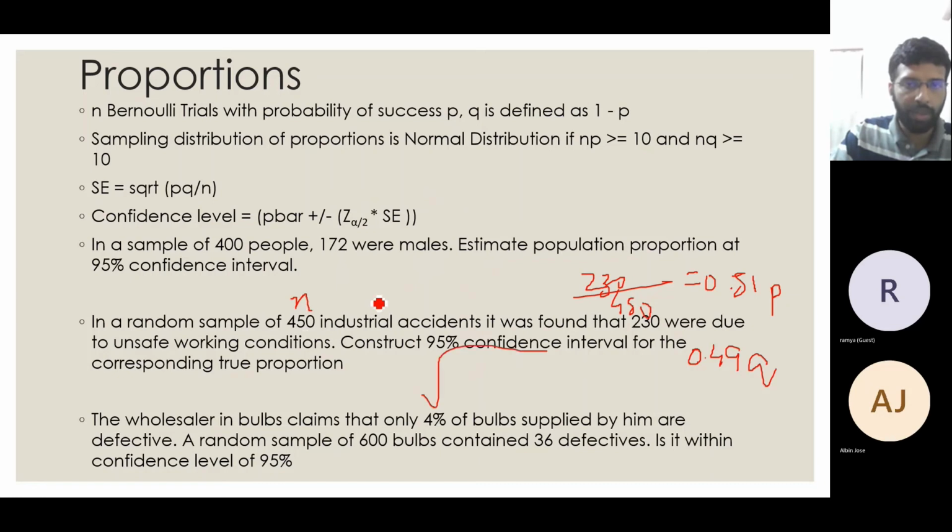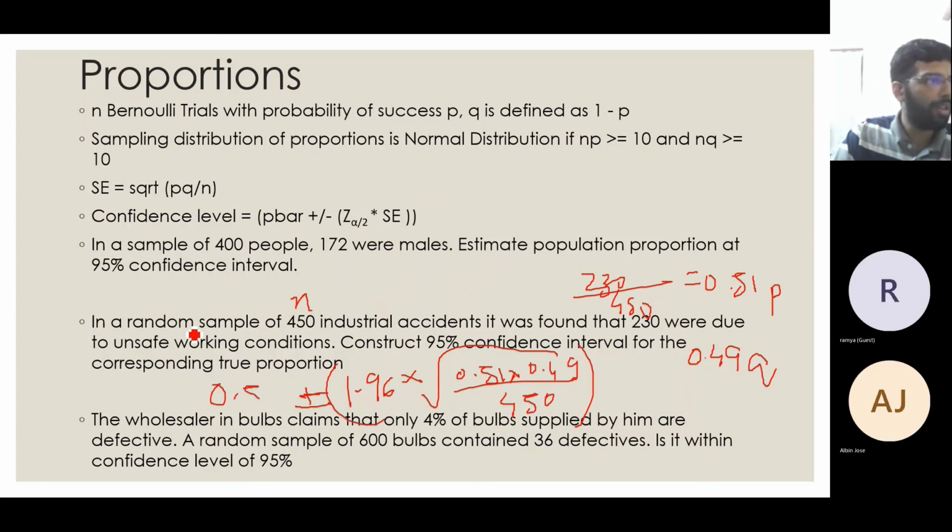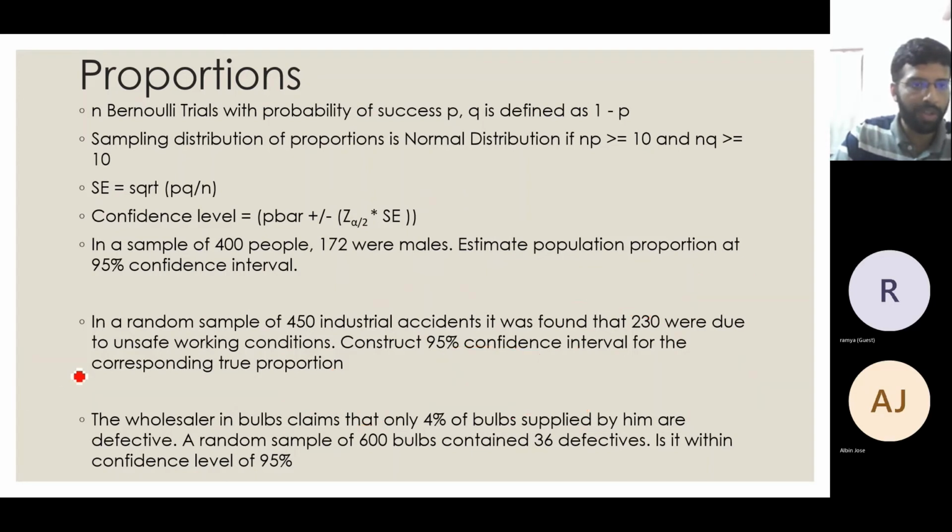So standard error I will find as square root of 0.51 into 0.49 divided by 450. Again 95% confidence interval, so I'll multiply by 1.96, which is my critical value. Then plus or minus will give me my confidence interval with respect to the proportion statistic, that is 0.51, right? So as you can see, in all cases we are doing one and the same thing.